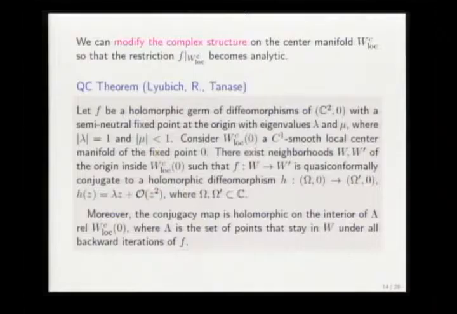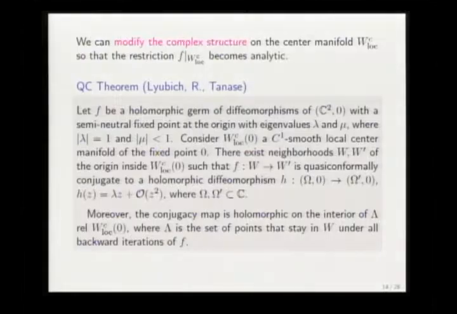And moreover, this quasi-conformal conjugacy is in fact holomorphic on the interior of points that do not escape under backward iterations from the ball. If you are thinking of a semi-parabolic situation, these would be the repelling petals.